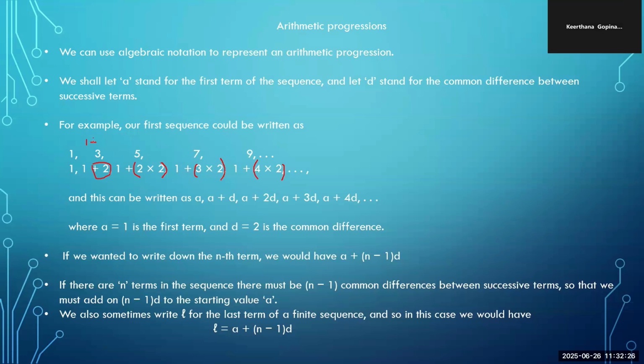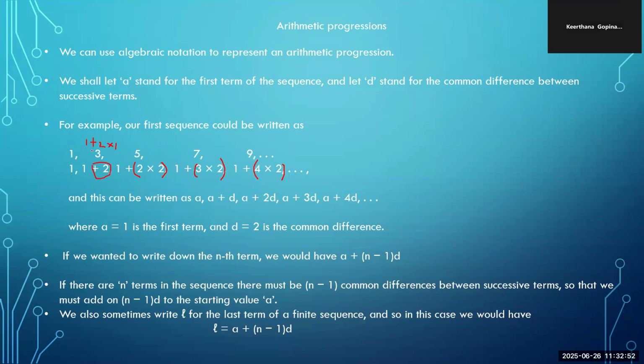So in this example, you can write 3 is equal to 1 plus 2 into 1. 5 is equal to 1 plus 2 into 2.